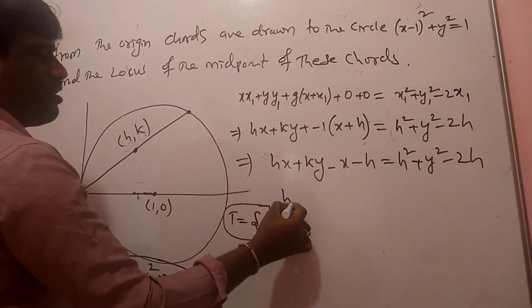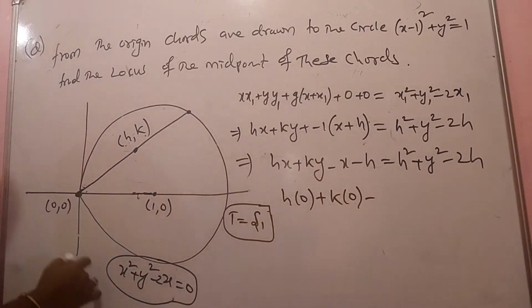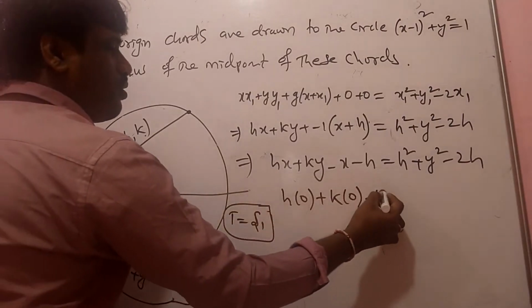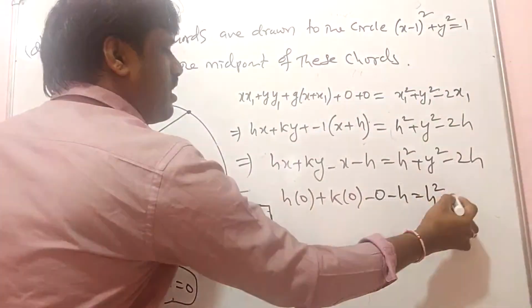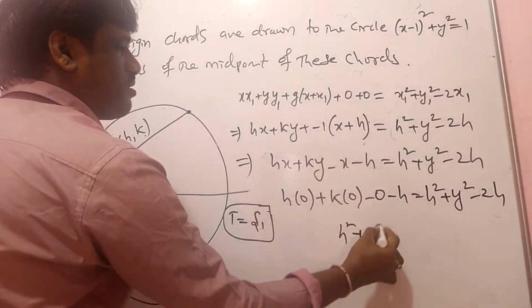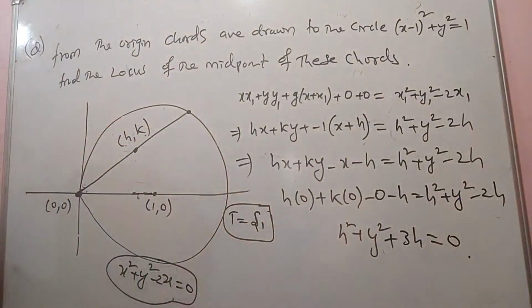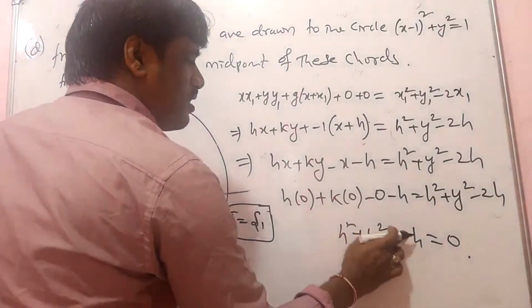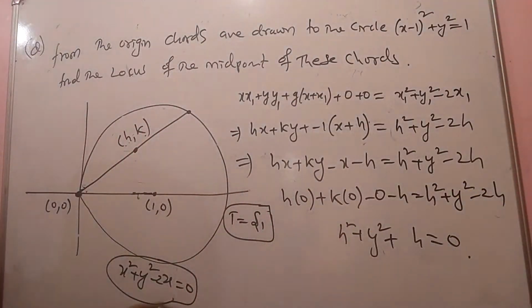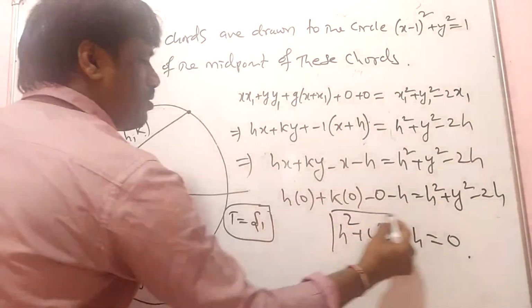So h into 0 plus k into 0 minus 0 minus h is equal to h square plus k square minus 2h. So h square plus k square minus h is equal to 0, and moving terms I get plus h.